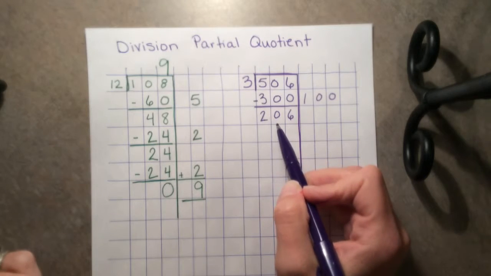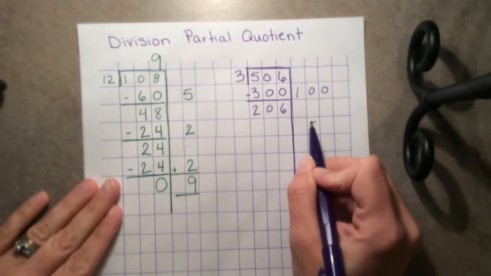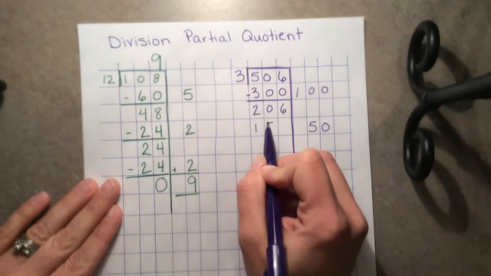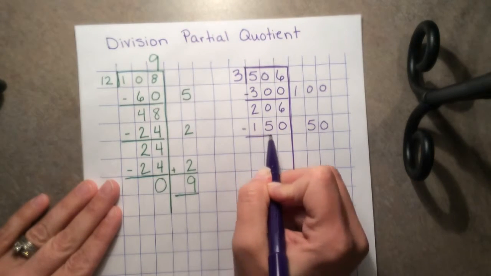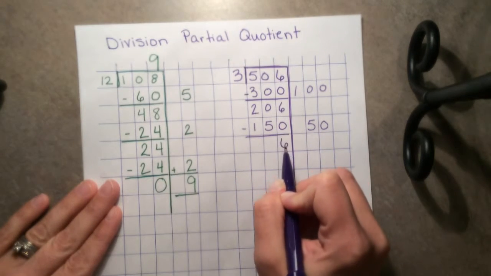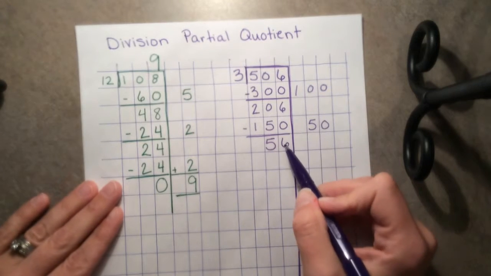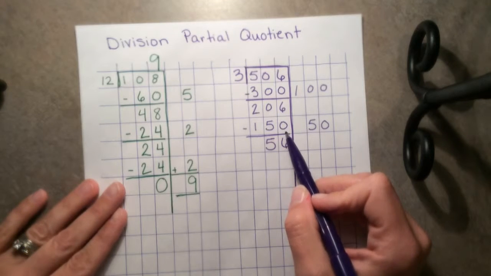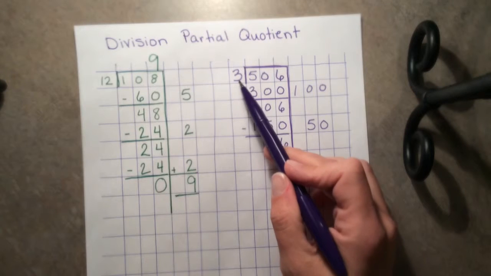So I do not have enough for another group of 100. But I do know that 50 times 3 is 150. This way, we're quickly reducing the amount needed to divide by. I now have 56 items that need to be put into groups of 3.